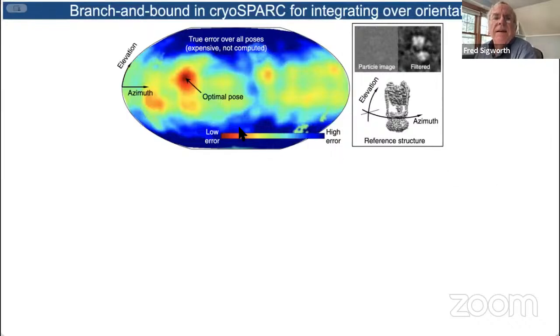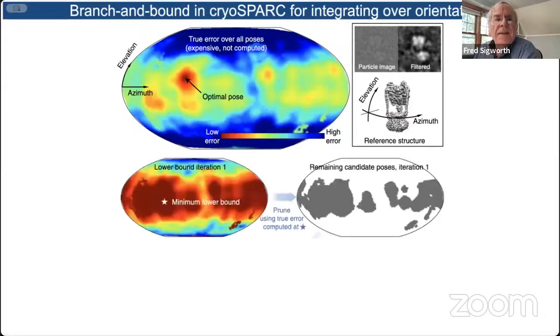So here's a picture from Pujani's CryoSpark paper. This is what one would do as far as finding the best orientation over all values of the tilt and the spin on the axis of the particle. And what they do is at low resolution, they try to find the best point and possibly best regions.